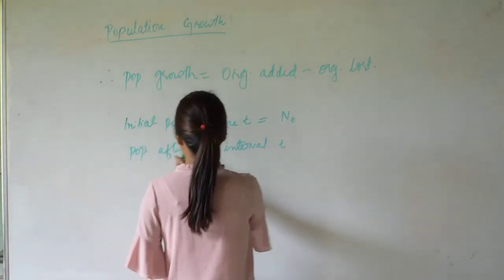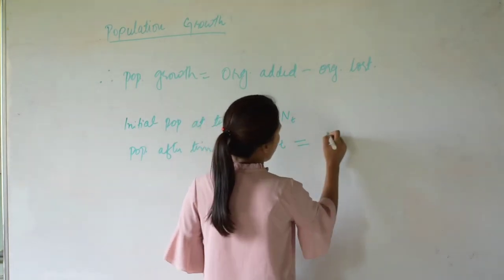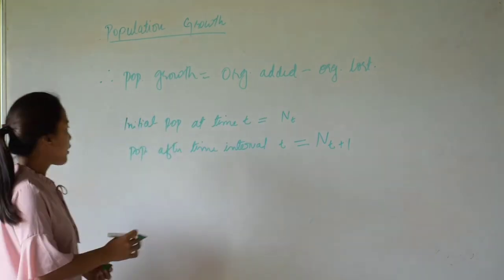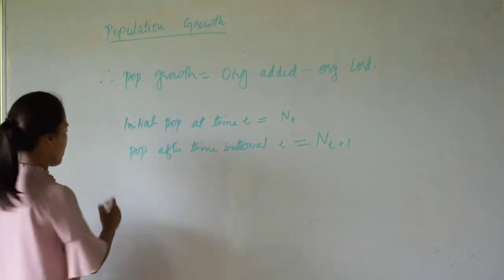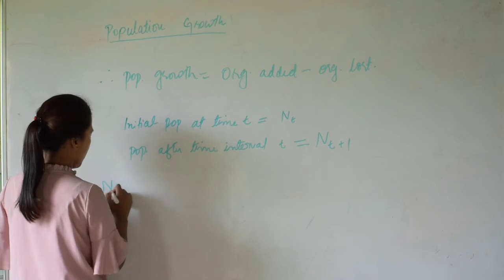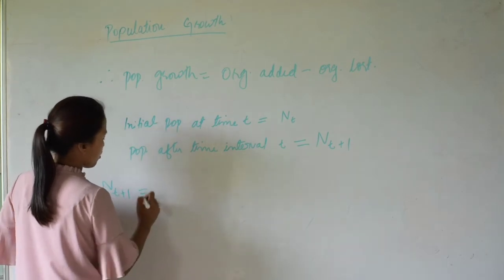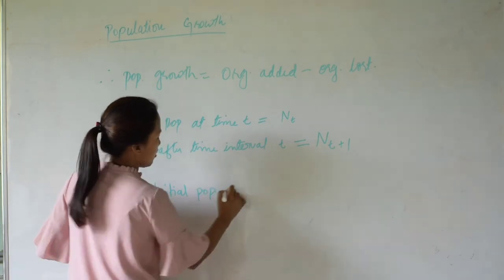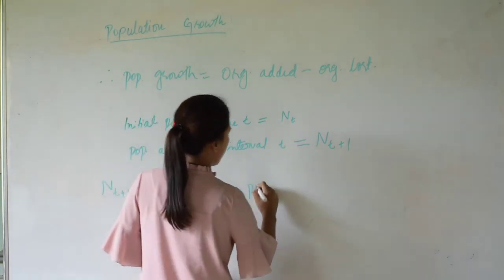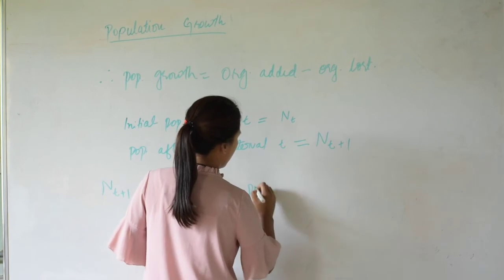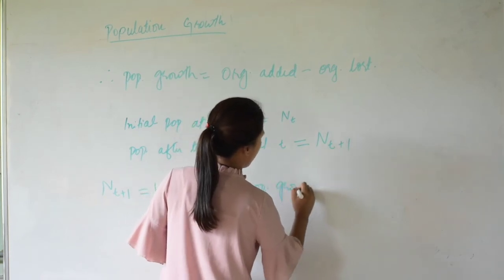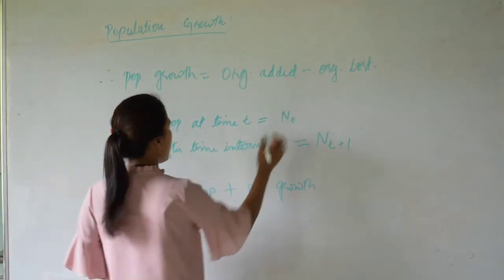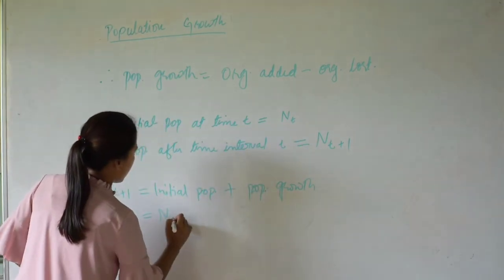So the population after a time interval can be designated by N t plus 1. So to find out this population growth, N t plus 1 is equal to initial population plus population growth.